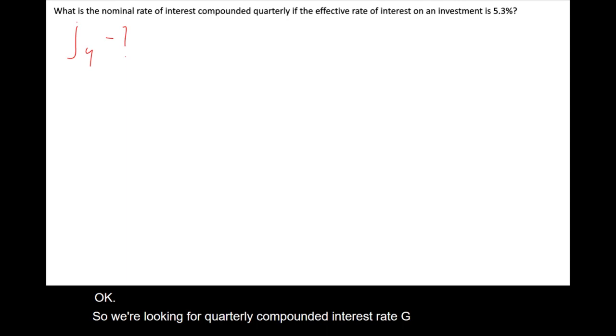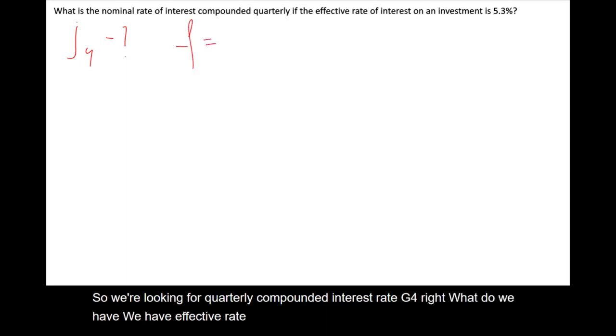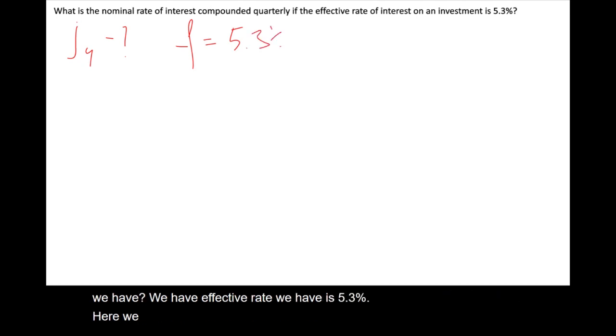Okay. So we're looking for the quarterly compounded interest rate J4, right? What do we have? We have the effective rate, f is 5.3%. Here we will use that technique. I know there is a formula, but I don't like this formula, right?